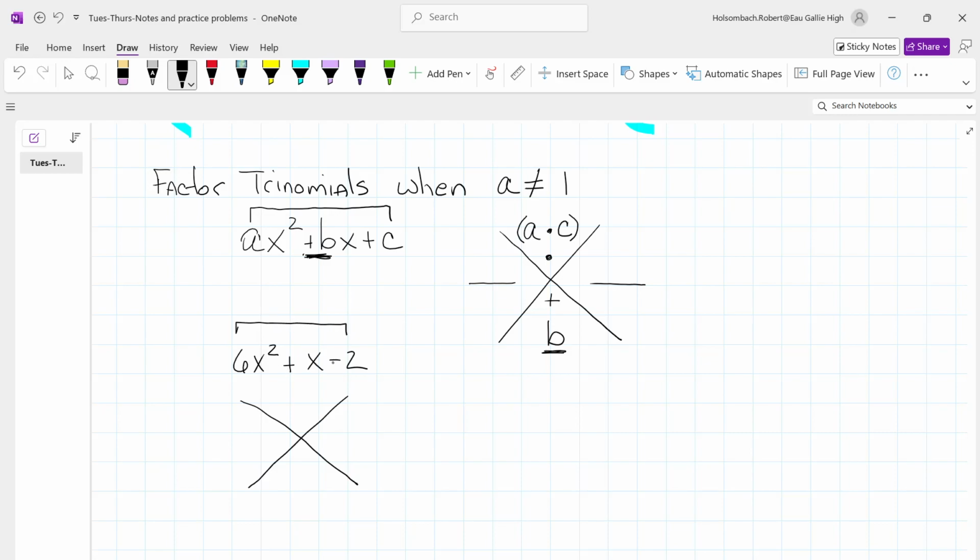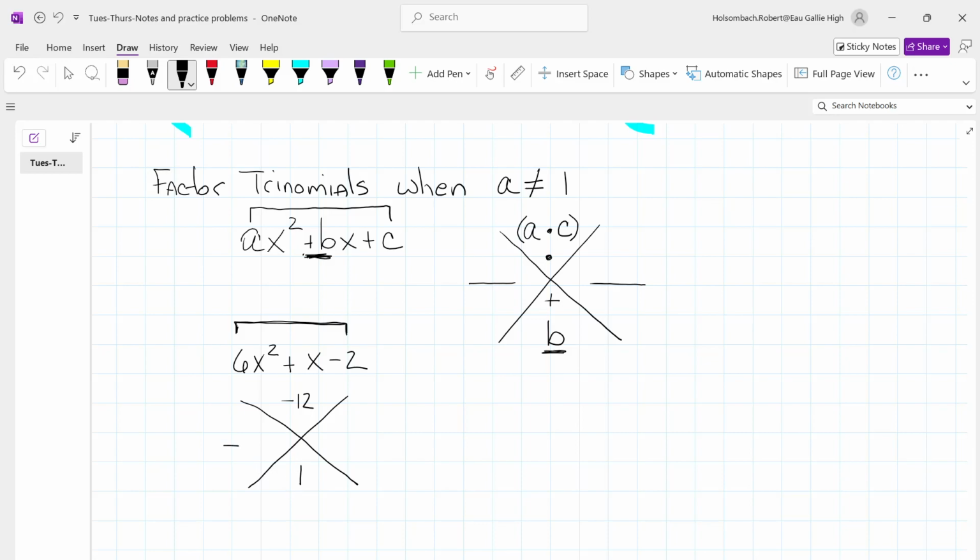And 6 times negative 2 is negative 12. And then our value of b, which is what's in front of the x, in this case, there's not a number there, so we know there's a 1 there. We got a 1. All right, so a times c goes in the top. Our b value goes in the bottom.